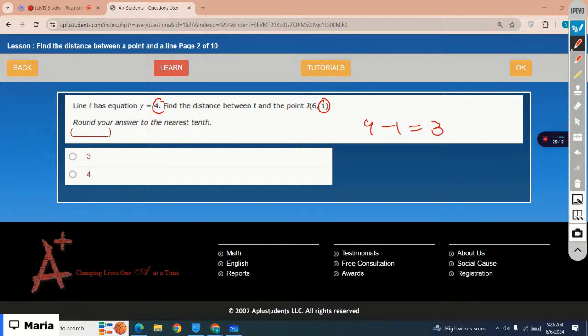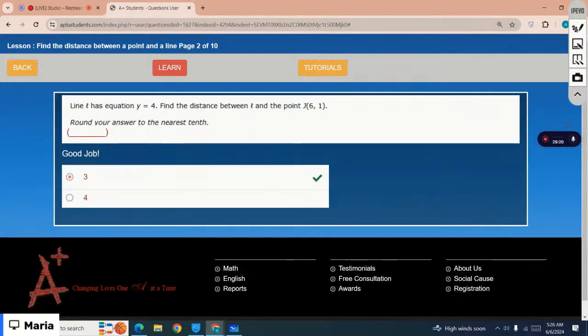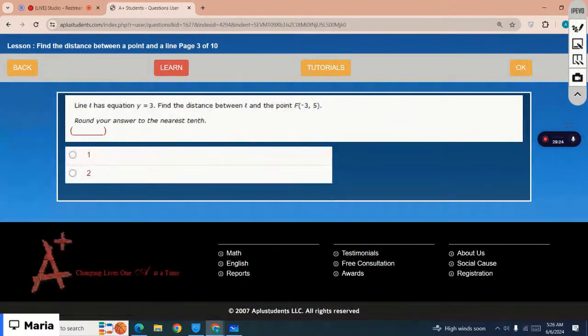Okay, the next one is 3, the correct option, right? Line L has the equation y equals 3. Find the distance between L and the point (-3, 5). So which is the correct option?